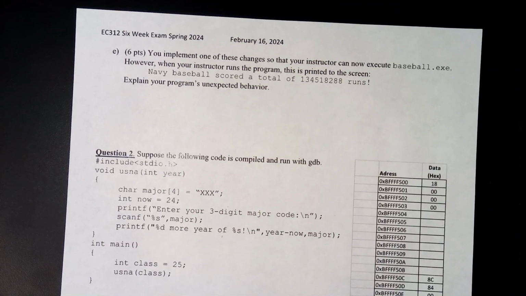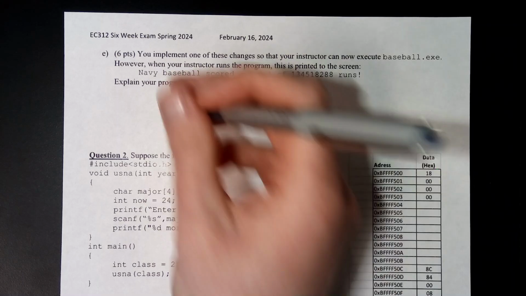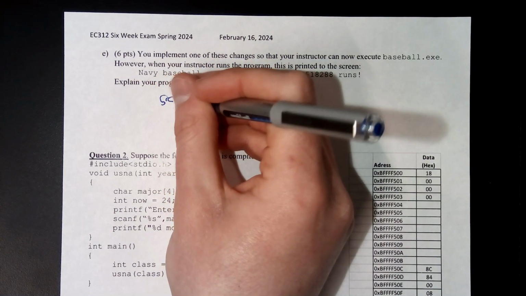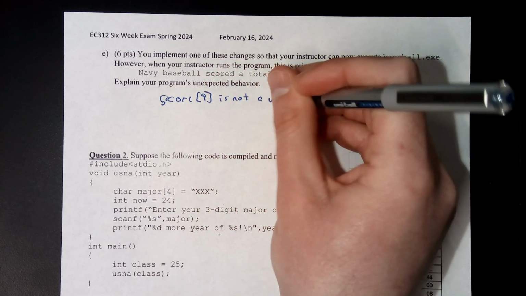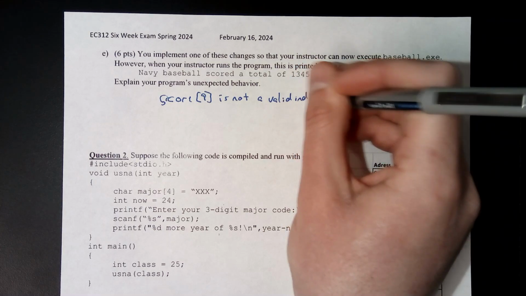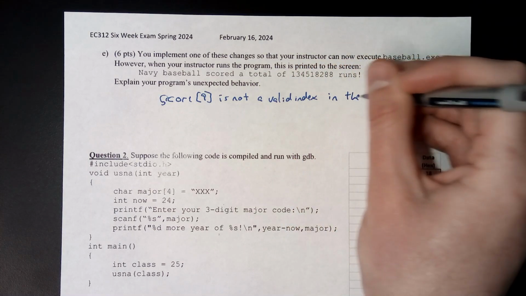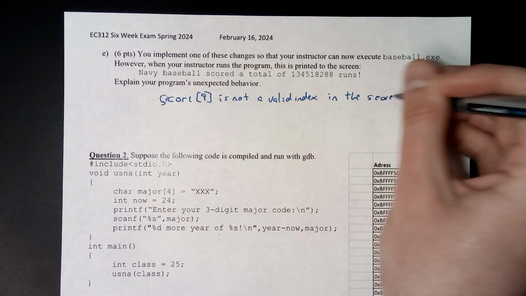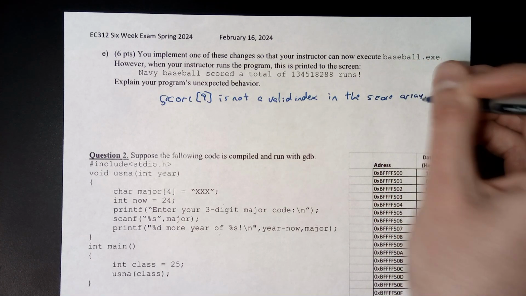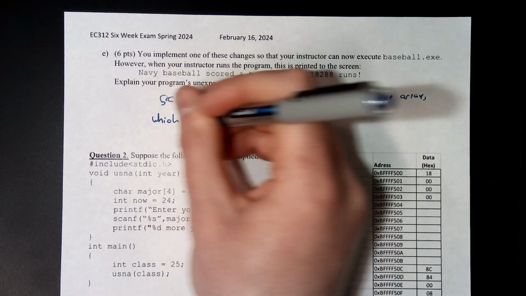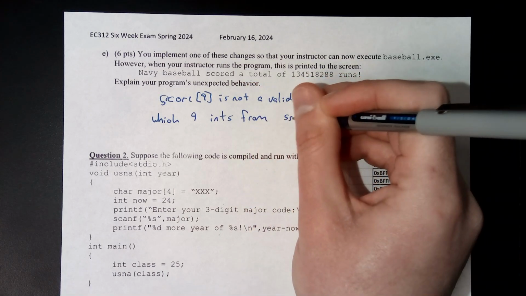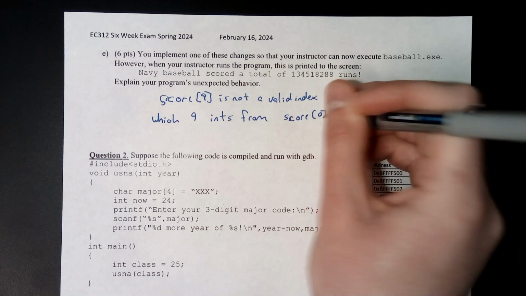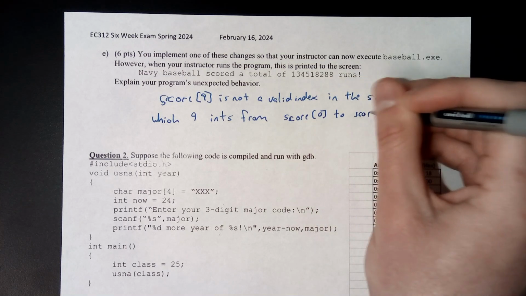But as it stands, because we output this thing that isn't really there, score 9 is not a valid index in the score array, which has 9 ints from score 0 to score 8, right?